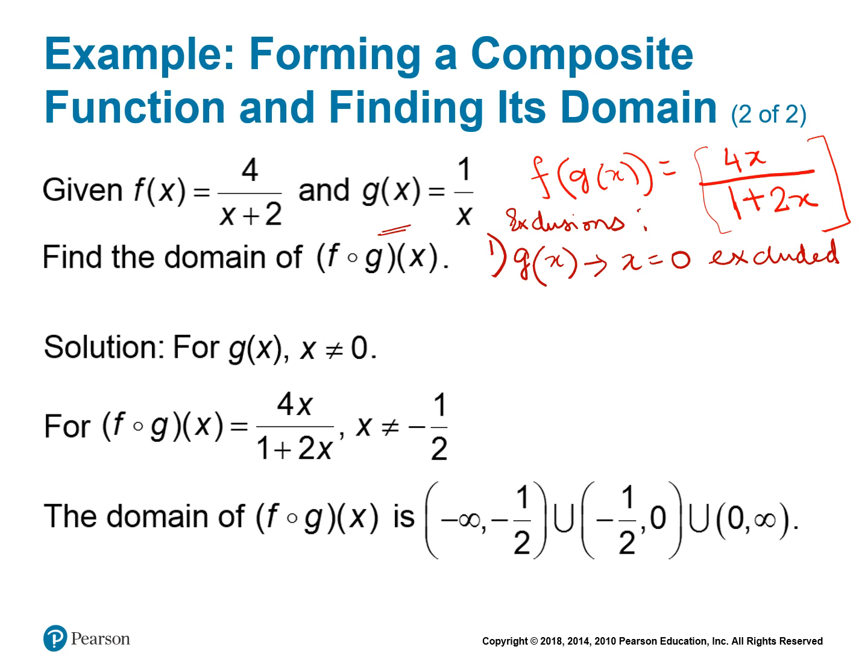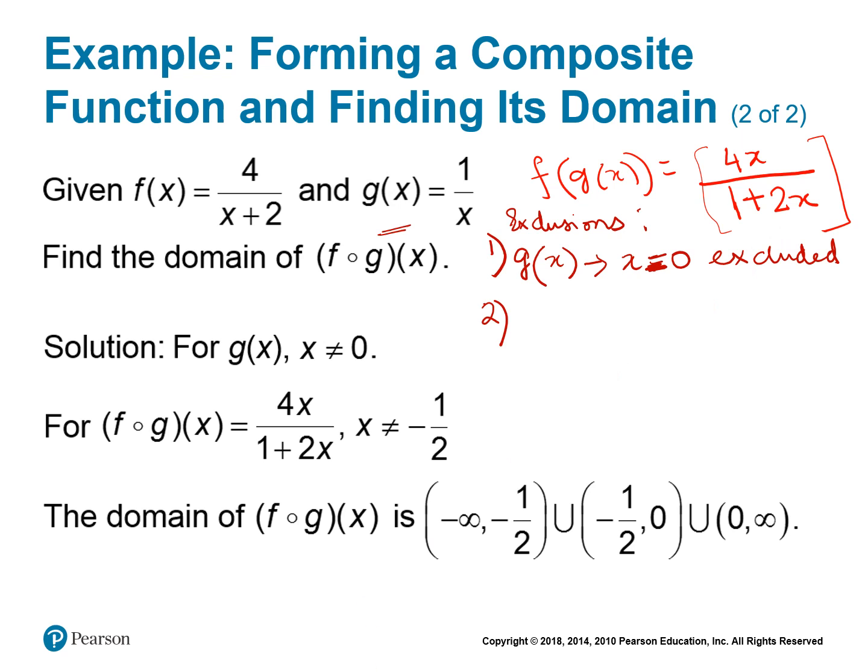So we have to make sure that 0 gets excluded from the newly formed function as well. That's one exclusion. And secondly, we take the denominator of the newly formed function and see what x value must be excluded so that the newly formed function's denominator does not become a 0. So let's look at that.